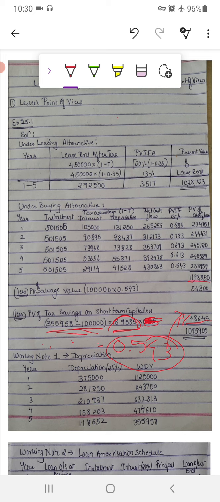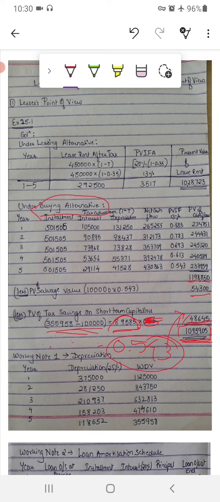So 11,98,850 minus 54,300 minus 48,645 gives us 10,95,905. So this 10,95,905 is your present cost under the buying alternative.